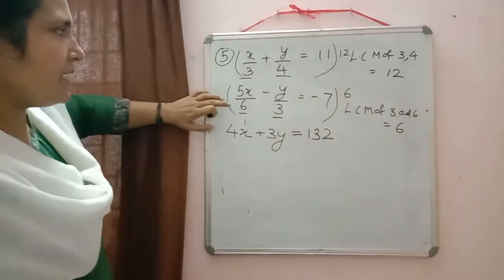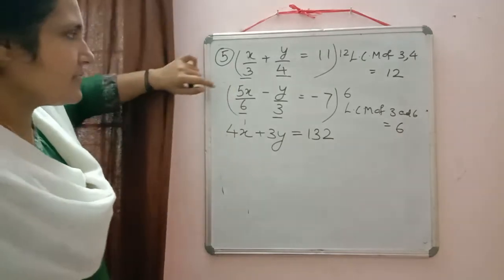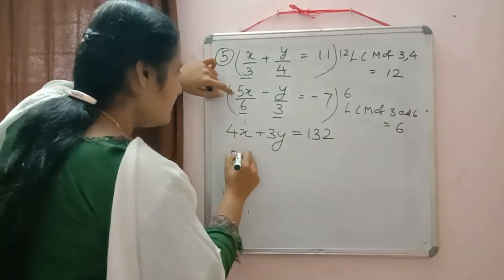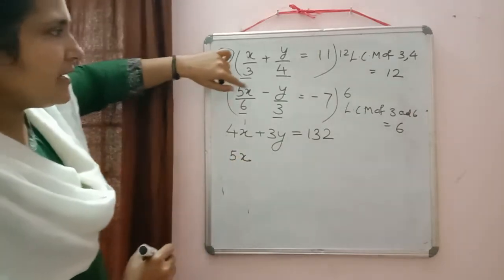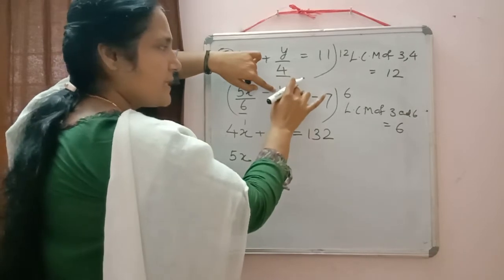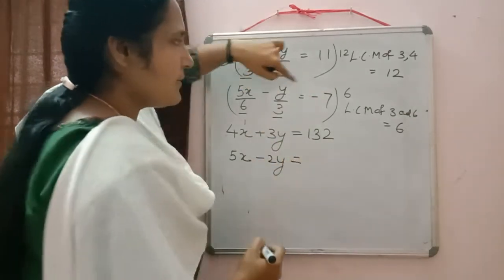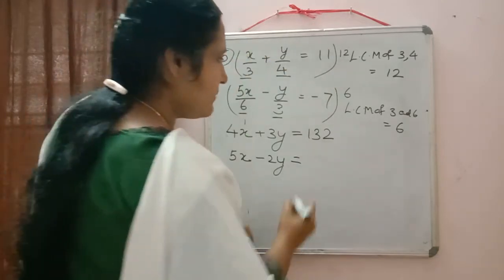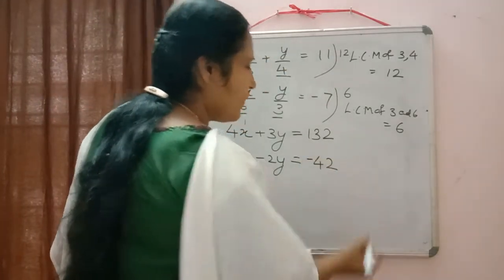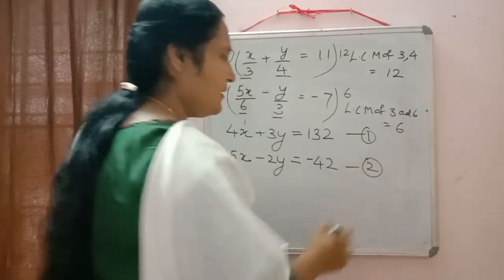Then 6 and 6 will get cancelled, so remaining it will be 5x. Here if we multiply by 6, 3 2s are 6, so 2 will remain: minus 2y is equal to minus 7 into 6, which is minus 42.